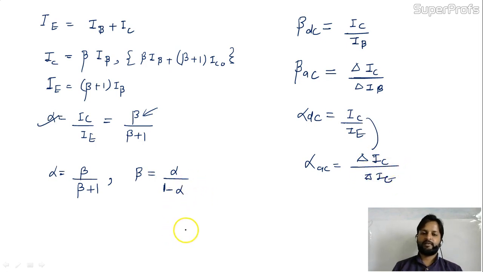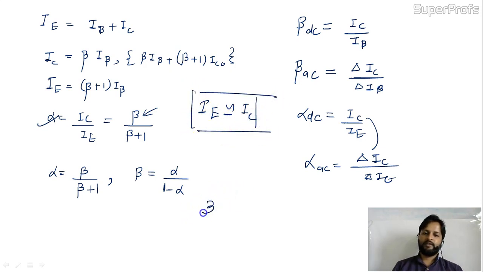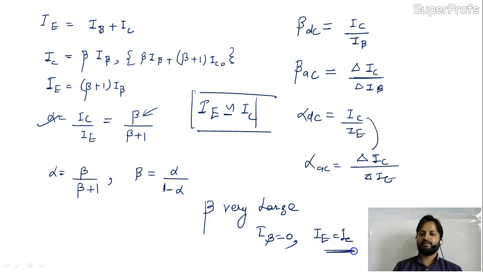For a transistor, a very important equation is IE is nearly equal to IC. And if beta is very large, IB will be 0 in the circuit, and when IB is 0, IE is equal to IC.